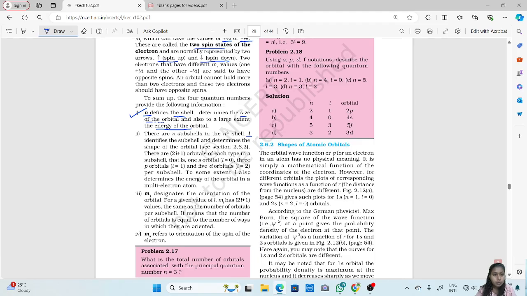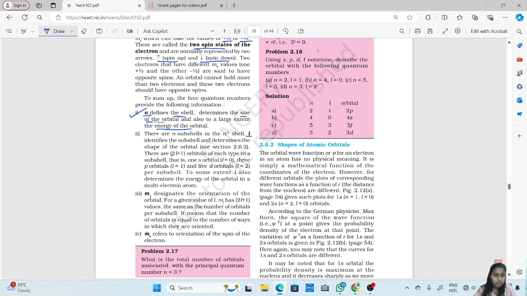Then there are 2l plus 1 orbitals of each type in a subshell. That is, one s orbital where l equals 0, three p orbitals where l equals 1, and five d orbitals where l equals 2 per shell. I told you, right?